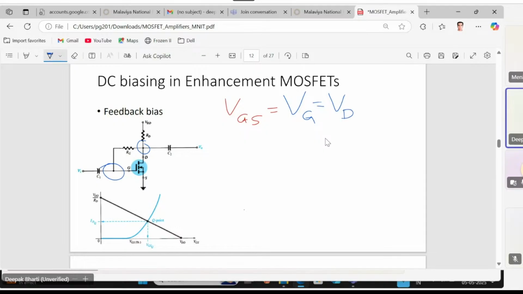Why? Because the IG RG current drop is 0. So Vg will be equal to Vd, and what will be the Vd? I can write the KVL here. It will be equal to VDD minus ID RD. Okay, let me write it back here.